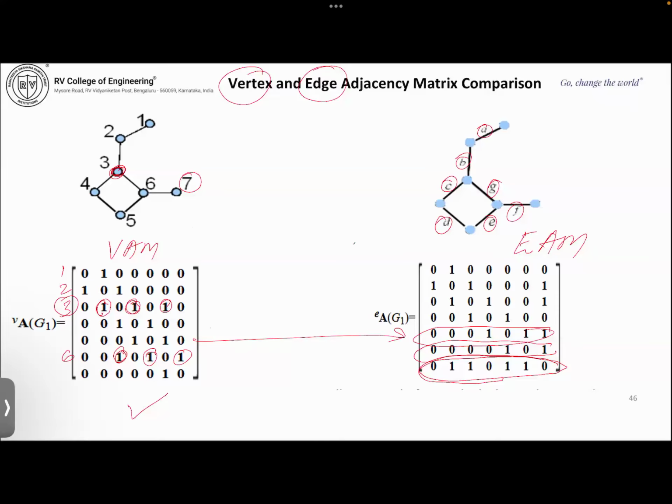You can compare these rows. The first one might be the same, the second one is the same, but the third one is different. So this is how the matrices distinguish the relation between the vertices and edges.